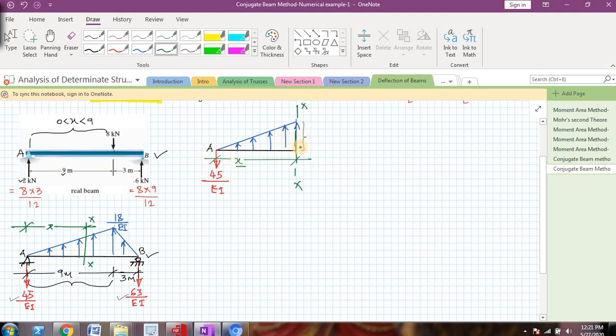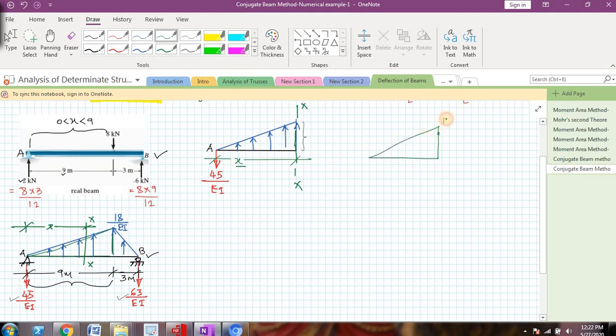Now we need to find this ordinate, which you can do using the rule of similar triangles. If you see this triangle as a whole, from here up to here, I will take it out. So this is how it is.